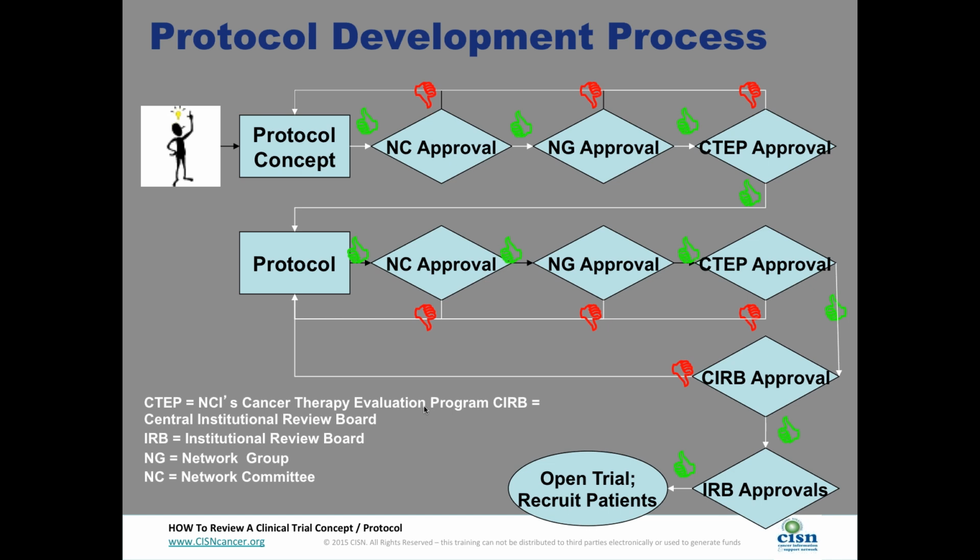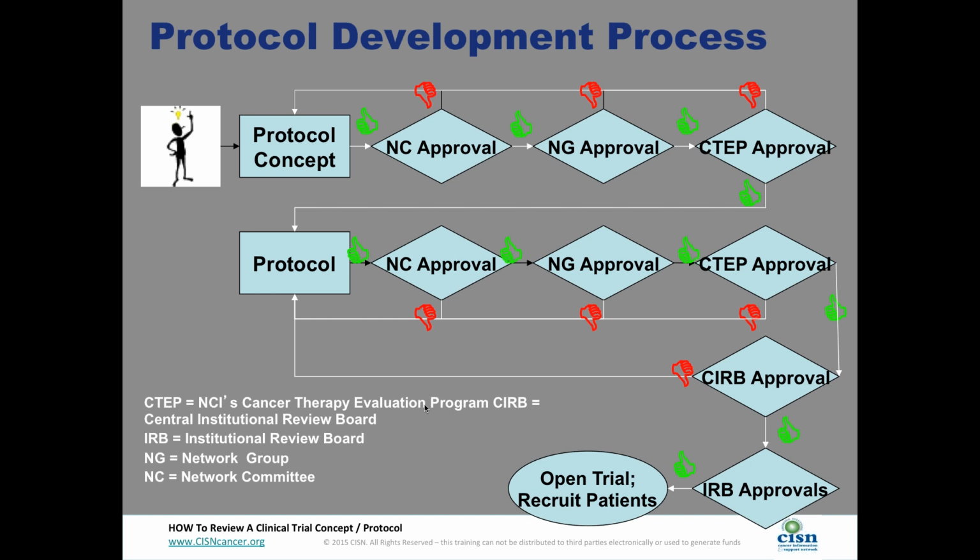So again, it's going to come through the committee, it's going to come back through the group, it's going to go back to CTEP, and CTEP again may say, well, we like this or that, but we don't like this, and fix it. So once that's happened, they tend to send it to the CIRB, and then to individual IRBs.